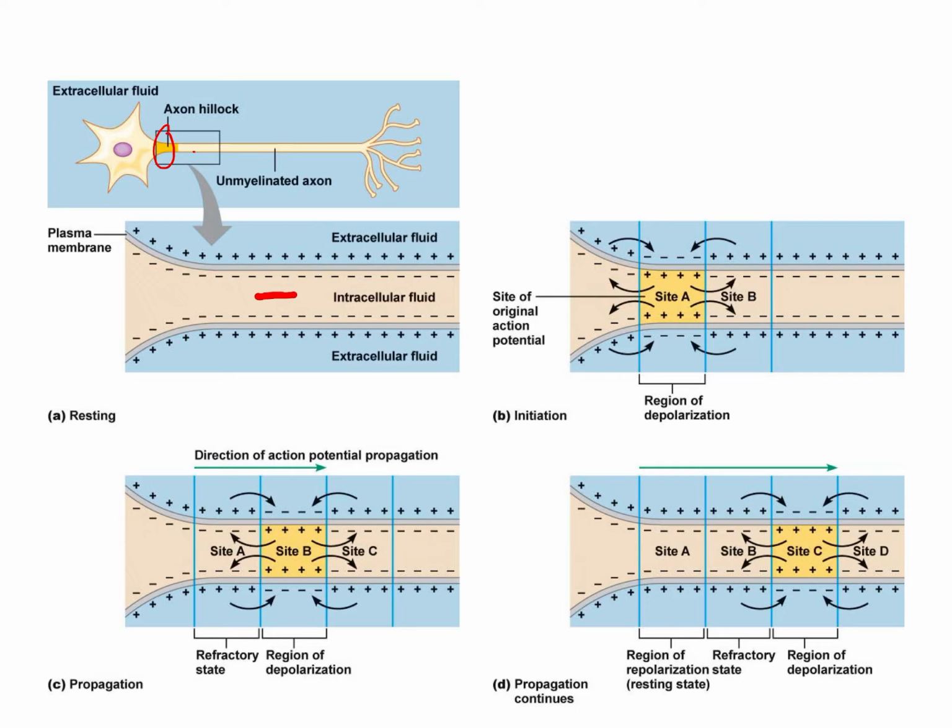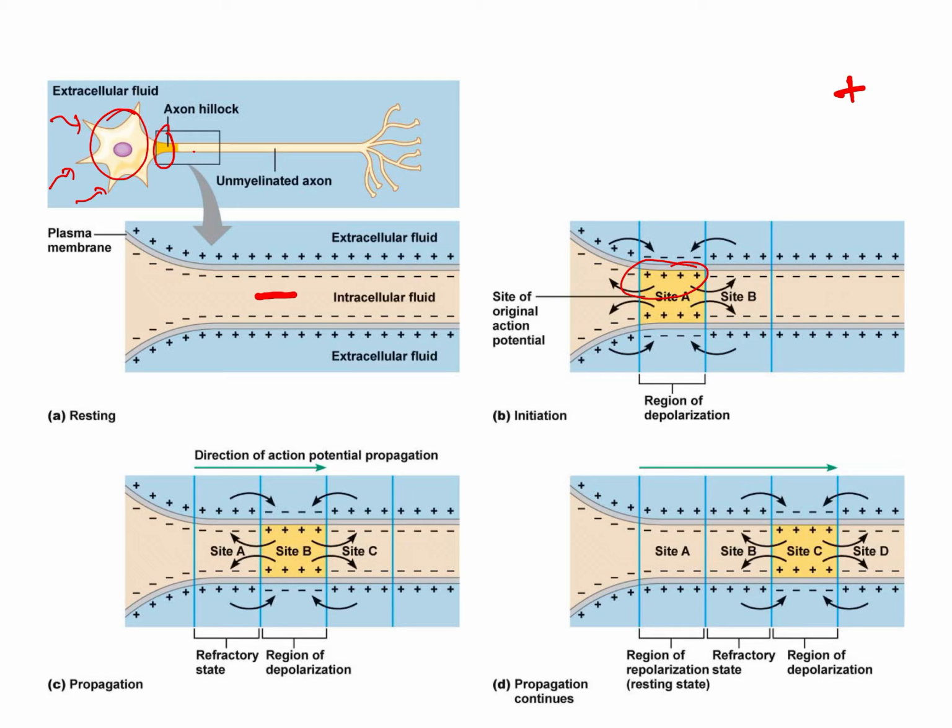At the axon hillock, the action potential is generated because now the cell body has processed the signal it has received from the previous neuron, and there is a net inward flow of positively charged sodium ions resulting from the opening of sodium channels. And this results in an accumulation of positive charges in this part, in site A of the axon.